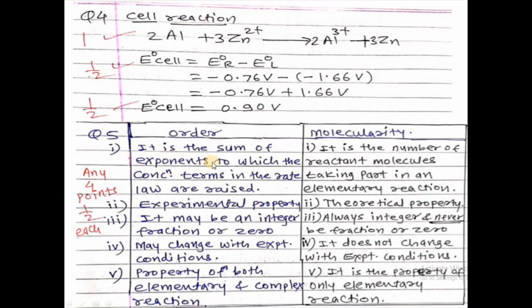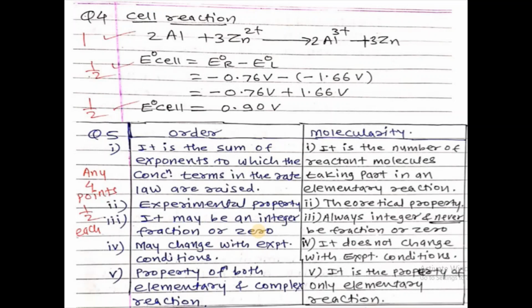That means order is an experimental property, while molecularity is a theoretical property. Order may be an integer, fraction, or zero. That means the order of a reaction may be 0, 1, 2, 3, 4, but molecularity is always an integer, and it is never a fraction or 0.